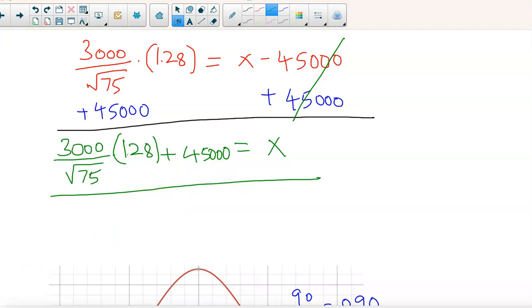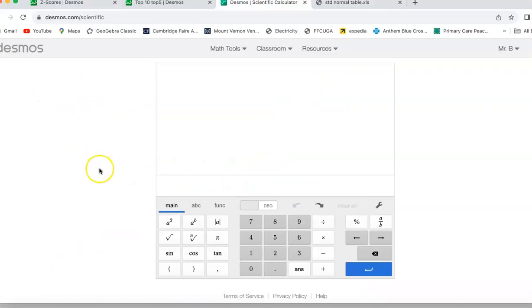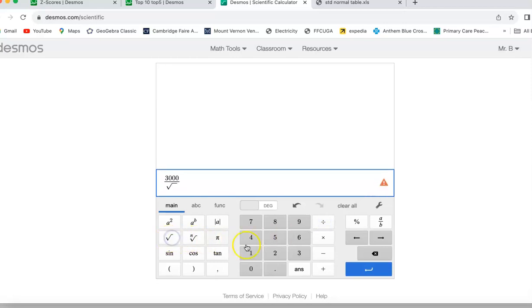and find the x value. I'm using the Desmos scientific calculator. So on the top, that is 3000, divided by square root of 75, then come out, times 1.28, plus 45,000.